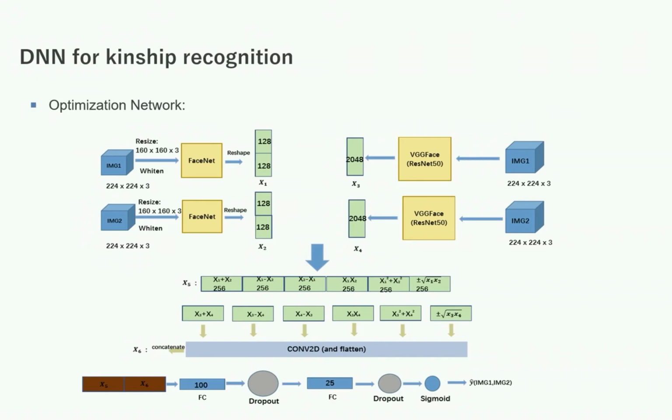Finally, we pass them to the two dense layers and softmax layers to get the probability of kinship.